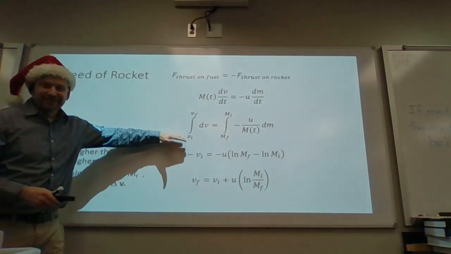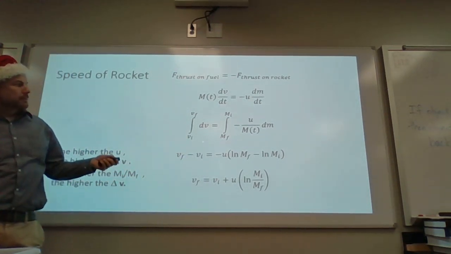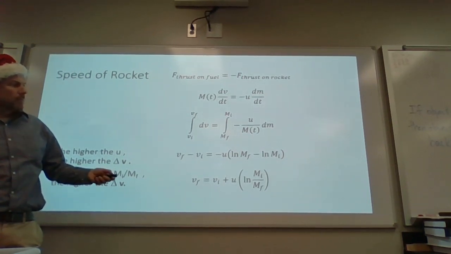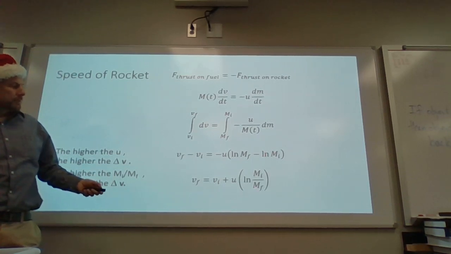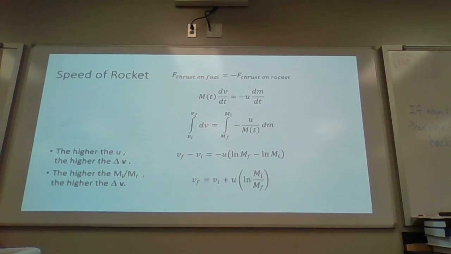Take the integral. That's just the changing velocity. Over here you've got the 1 over M; u is a constant. So you get this expression for how fast the rocket is going to be going, given how much it burns. Here are your initial and final masses.